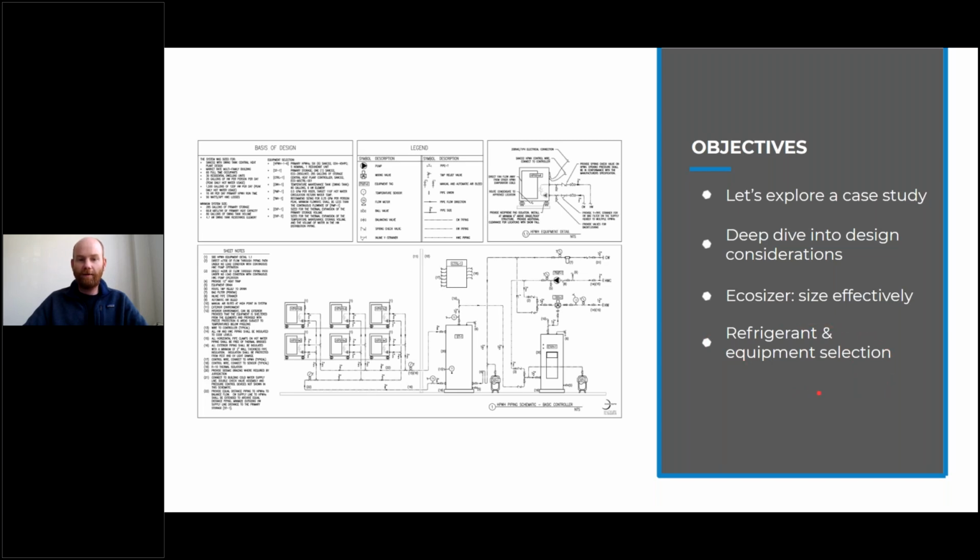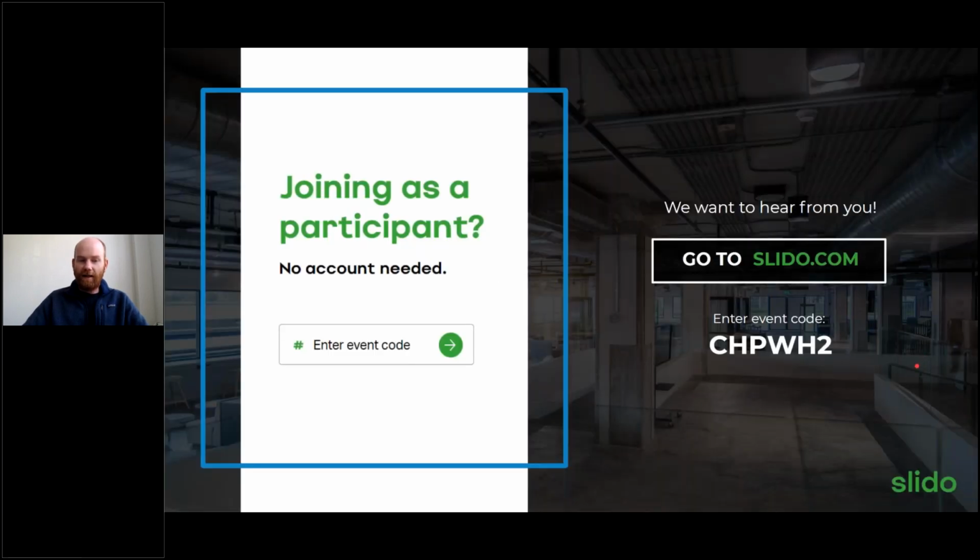And so we're going to talk about the varying qualities between the 3 primary refrigerants, R410A, R134A, and R744, which is CO2. So without further ado, we're going to jump right into the case study after we do a Slido.